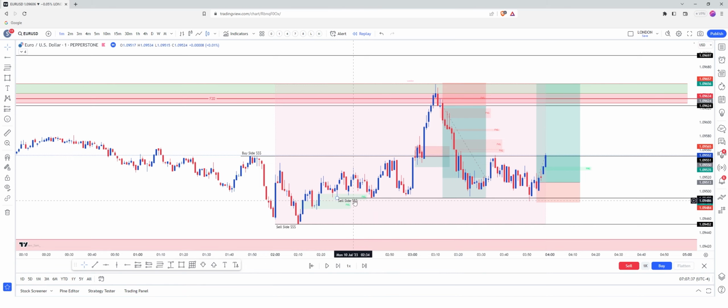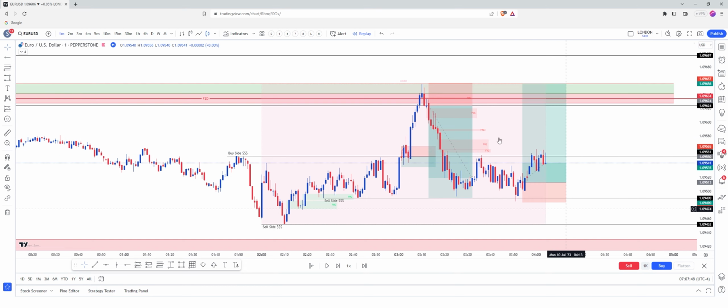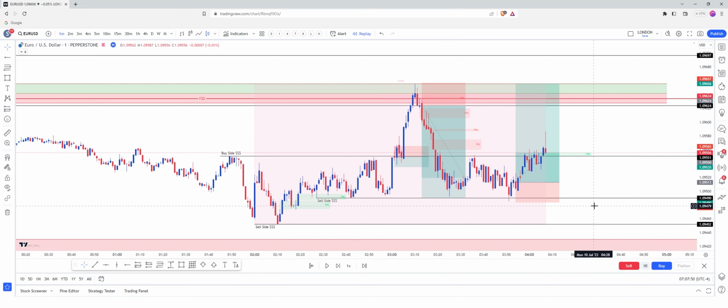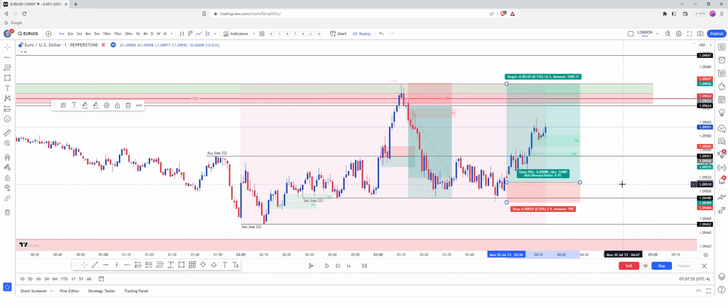This is just general range trading. We've gone from one liquidity sweep, so we're expecting the opposite side of the range to get taken now, which is this high. So we're outside the silver bullet hour now.